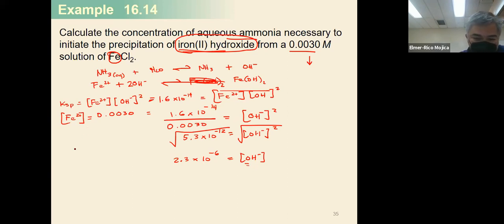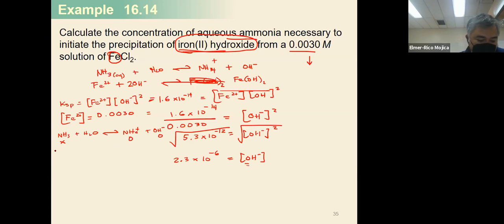So if you have this ammonia, you react it with water, it's going to produce NH4+ and OH-. So you want to know how much you need. You don't have this, you don't have this.